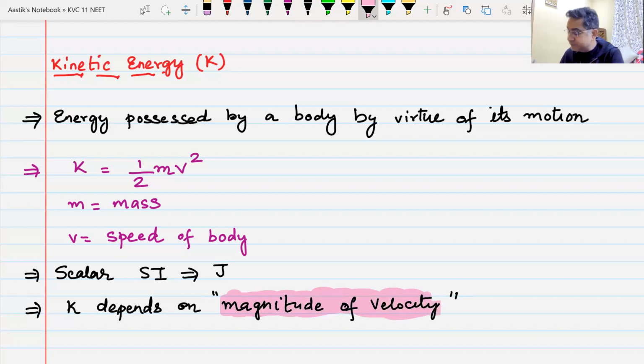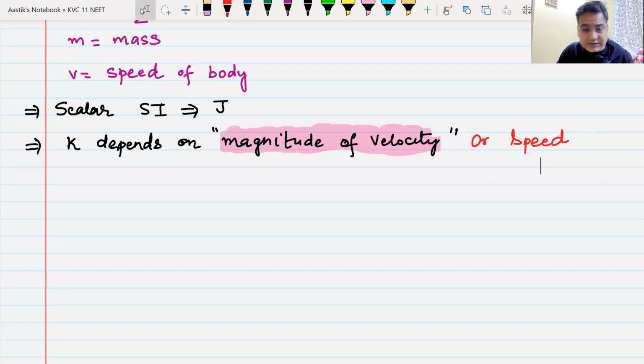Therefore, I am using the word speed for it and not velocity. Kinetic energy does not depend on the direction of velocity. Therefore, instead of calling v velocity, I am calling v speed.